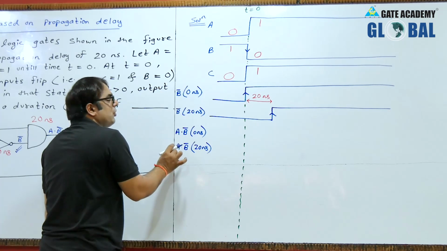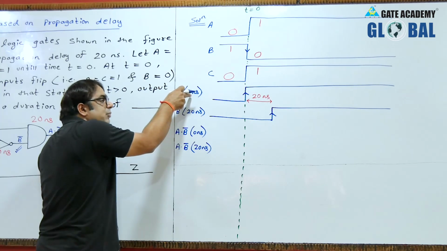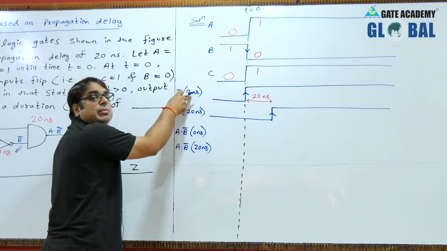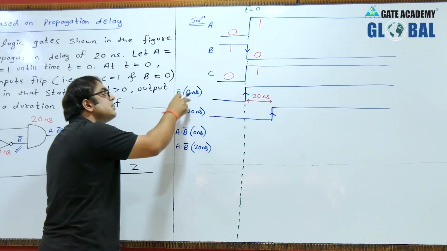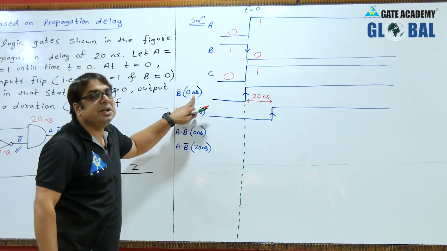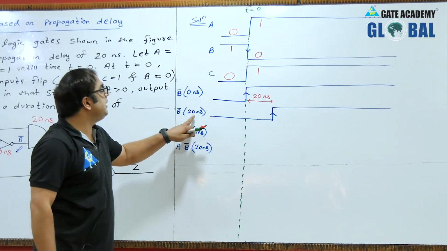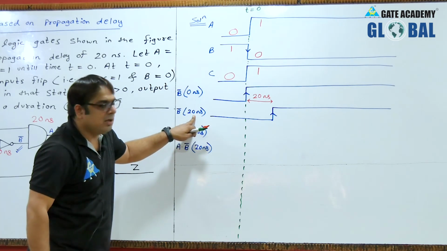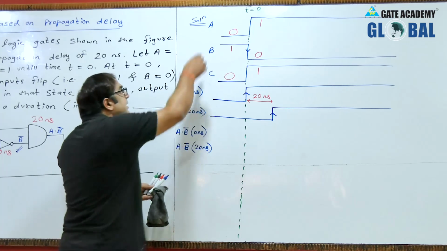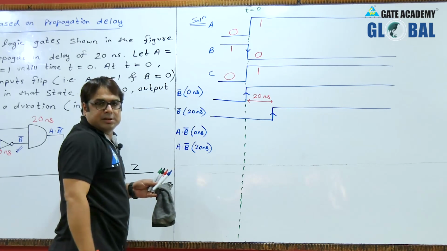Now please make sure that for B complement we don't have to use this waveform, because this was an assumed waveform when propagation delay was assumed to be 0 nanosecond. The actual one is the delayed B complement. So I will check the waveform of A and the waveform of B complement.